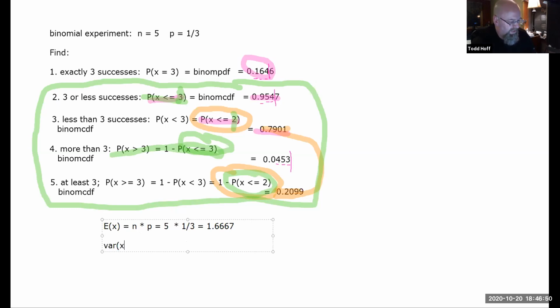The variance of that is n times p times 1 minus p. So that's going to be 5 times 1/3 times 1 minus 1/3. Which just equals 1.1111.